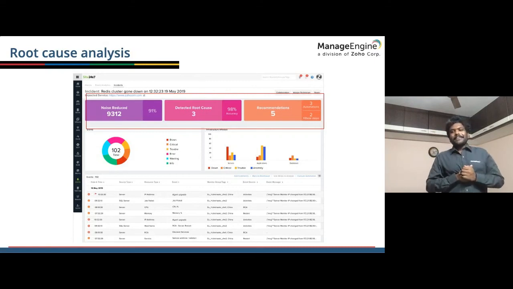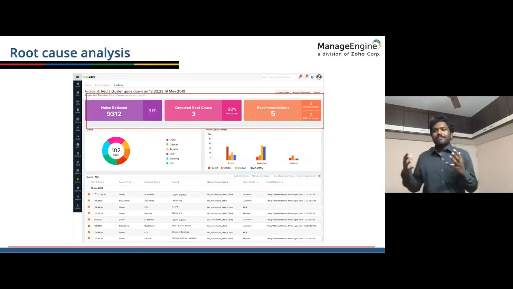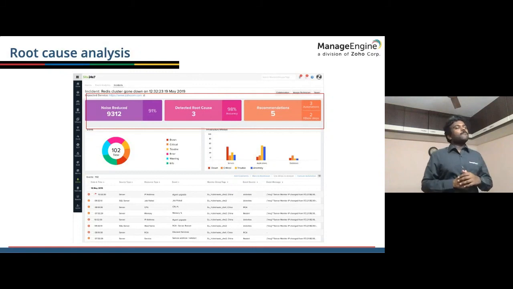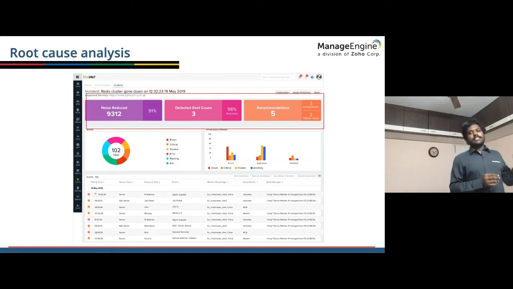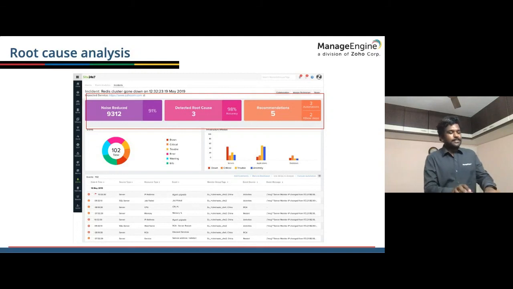Now, let's say this is the first time your database server is facing an outage, and you definitely don't have past patterns on how it happened. So ideally, it looks at a series of trouble events over the past, and not just all the normal events. It looks wherever trouble happened, and it potentially points to a place where the trouble started coming in. So that is how root cause analysis works.